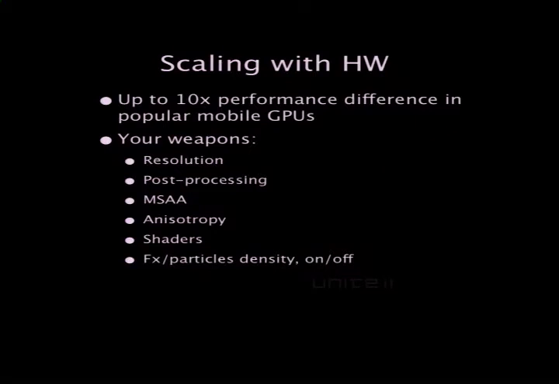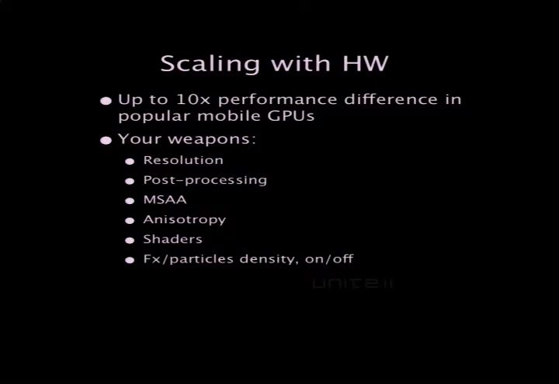The thing you notice about the mobile devices is that the performance difference is quite wide, approximately 10 times from the low-end mobile GPUs, like on the iPhone 1, for example, and up to iPad 2. And your weapons to scale with the different hardware are, of course, different resolutions.